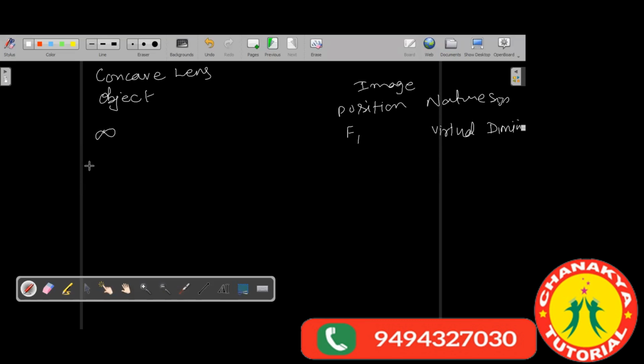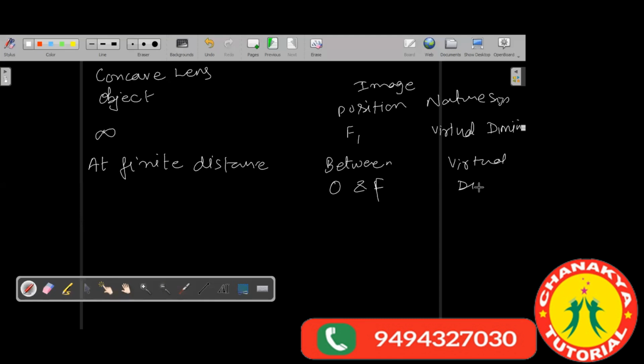Then when the object was placed at any finite distance from the lens, you observe the image to be formed before the lens, between optic center O and F. The image was virtual and diminished. So here also image was virtual and diminished.